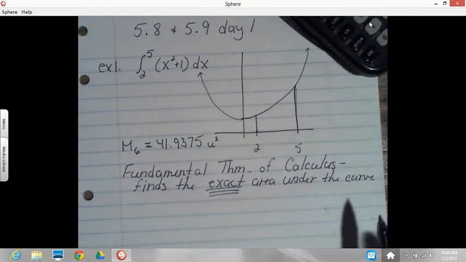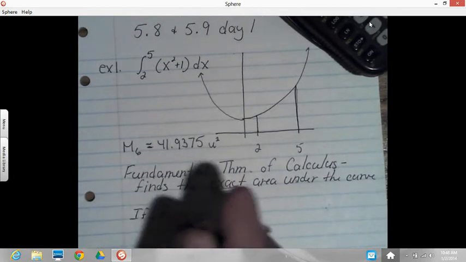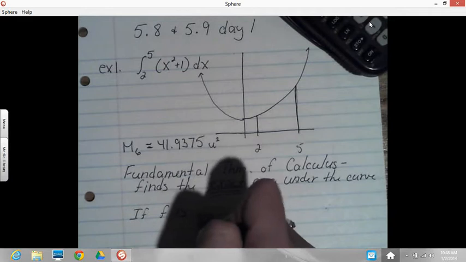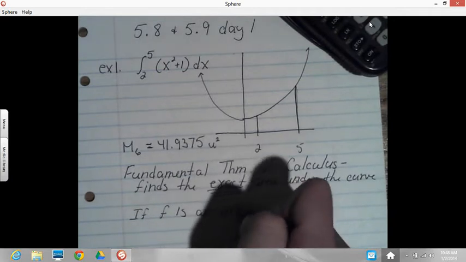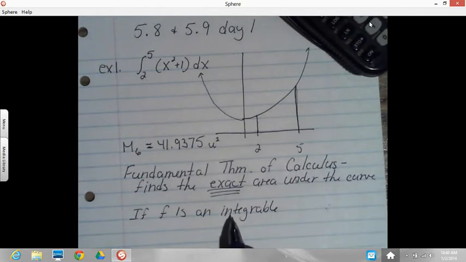And here's what the theorem says. If function f is integrable, that means you can actually find the integral of it, the antiderivative. The antiderivative exists.